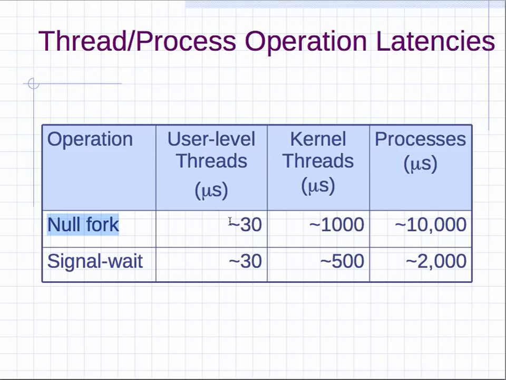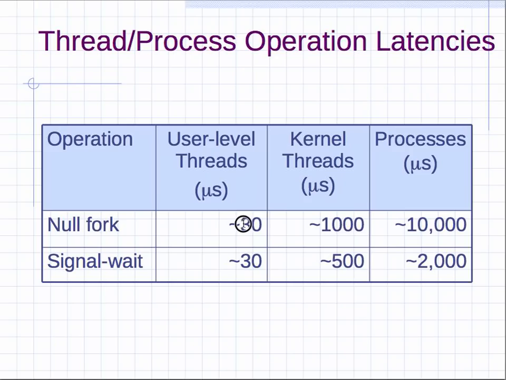This takes microseconds, and these are really old numbers, but they are just here for comparison. Microseconds is definitely an older scale. These days it'll probably be a much smaller number, but let's just go with this. These are actually from an older system.